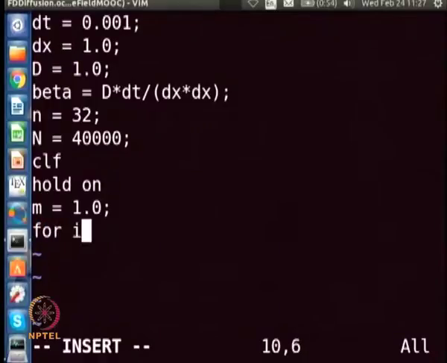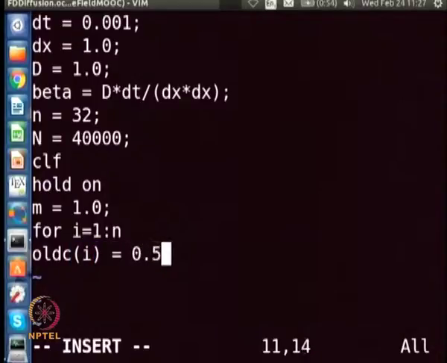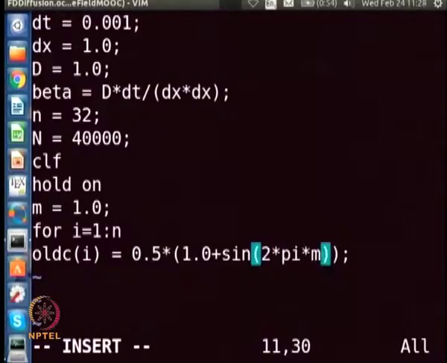So, for i is equal to 1 to n, what do I do? Old c of i is nothing but 0.5 into 1 plus sine. What is the sine wave that I take? 2 into pi into m into i into dx divided by n.